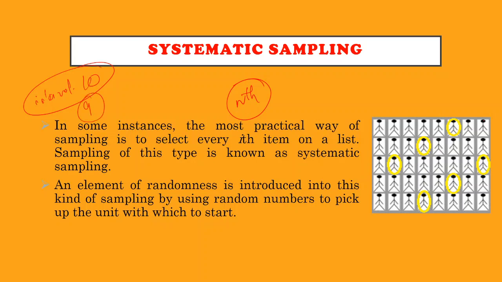The first sample unit is 9. Then we will select the next sample as 19, then 29, then 39, then 49. So this is how every nth item will be selected in order to form a systematic sample.